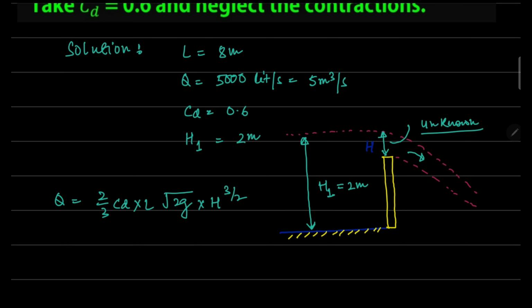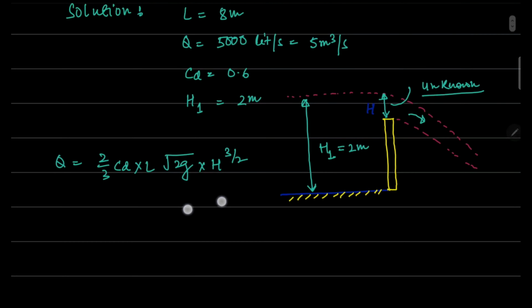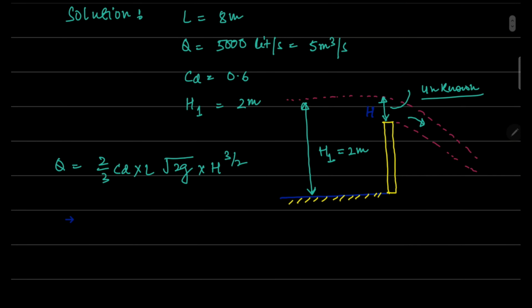So let's put in all the values: Q, that is 5, is equal to 2 by 3 multiplied by 0.6 multiplied by L, that is 8, multiplied by under root 2 into 9.81, multiplied by H raised to the power 3 by 2.